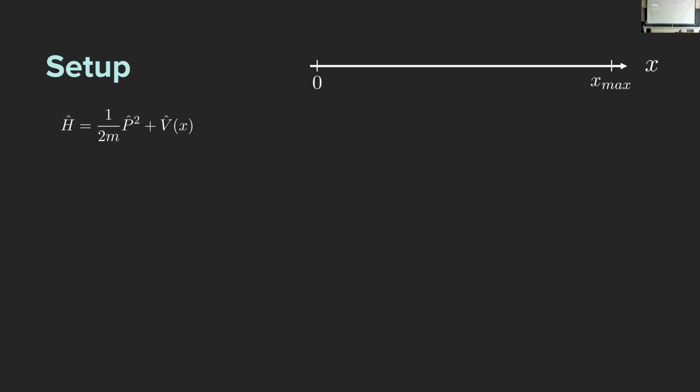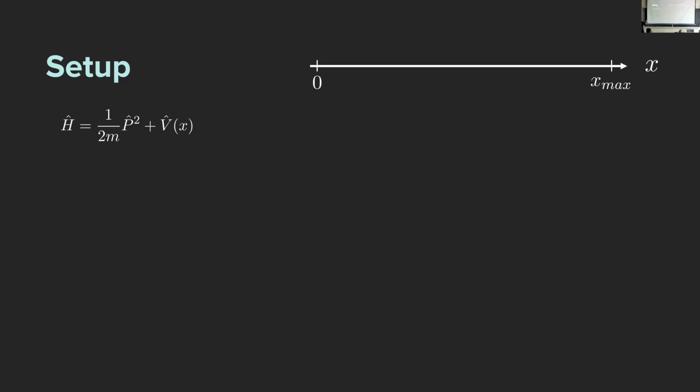We're going to divide this domain into 2 to the n positions, where n is the number of qubits, and then we're going to use the computational basis states to represent each position. So if we have some computational basis state q, then q represents the x position q delta x. And then we can also define position and momentum operators in this space.